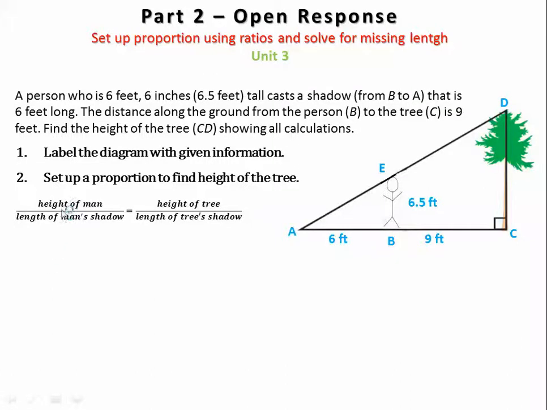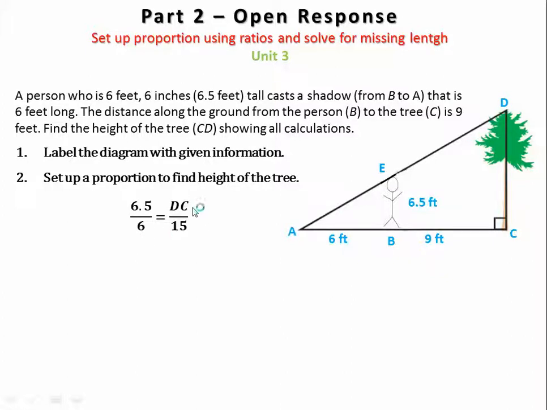So look how I'm setting this up. I'm taking the height of the man over the length of his shadow, and I'm going to set it equal to the height of the tree over the length of the tree shadow. So when I do that, the guy's height is 6.5 feet, his shadow is 6 feet long.